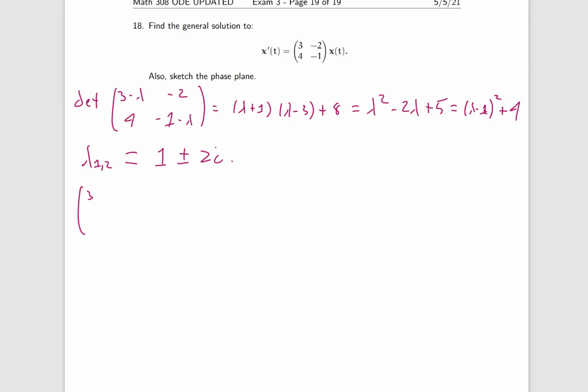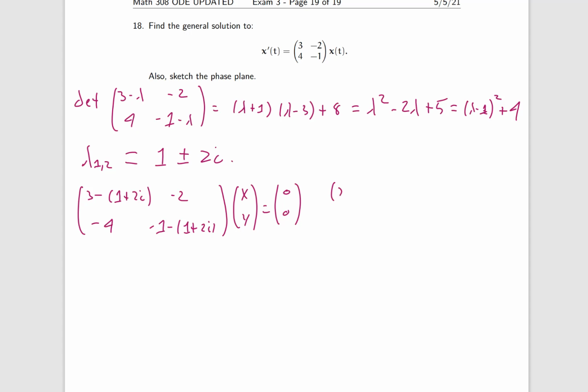So we're going to look at the equation 3 minus (1 plus 2i), minus 2, 4, minus 1 minus (1 plus 2i), times x, y. Set this equal to 0, 0. Okay, so notice the top equation, 3 minus 1 is 2.